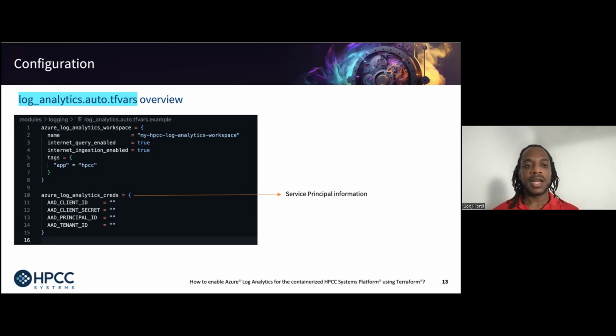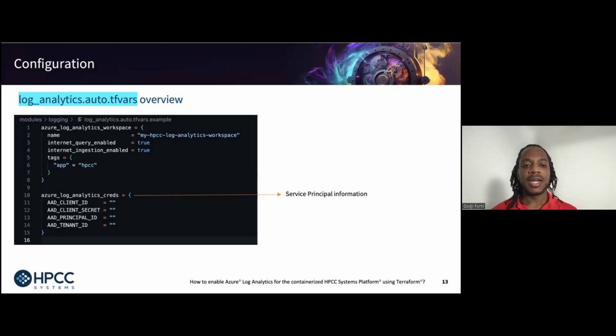After the Azure Log Analytics workspace object, we have another object which is responsible for the authentication part. Earlier, we mentioned having a service principal, which is necessary for the log analytics workspace. What we are going to do with that service principal is create a Kubernetes secret, and to create that secret, we need to pass those attributes to the login module.